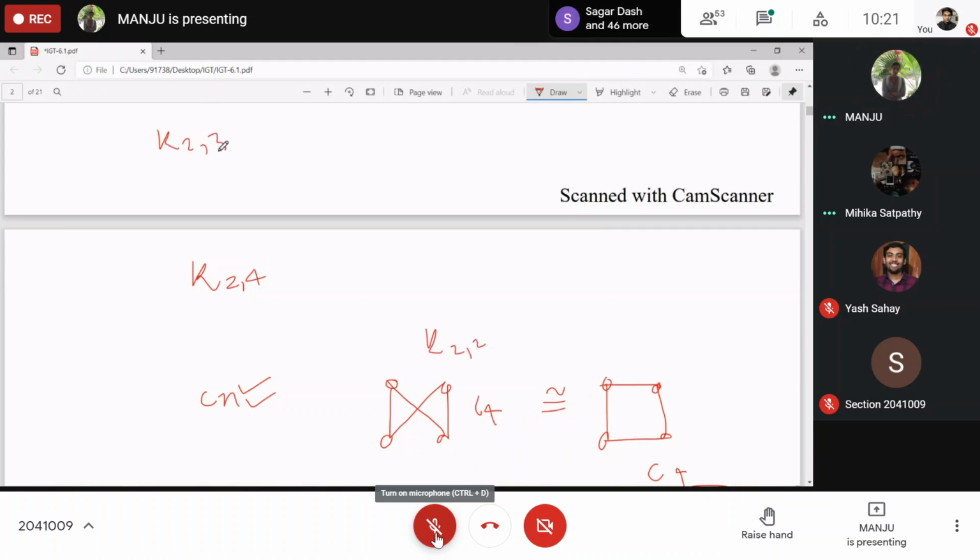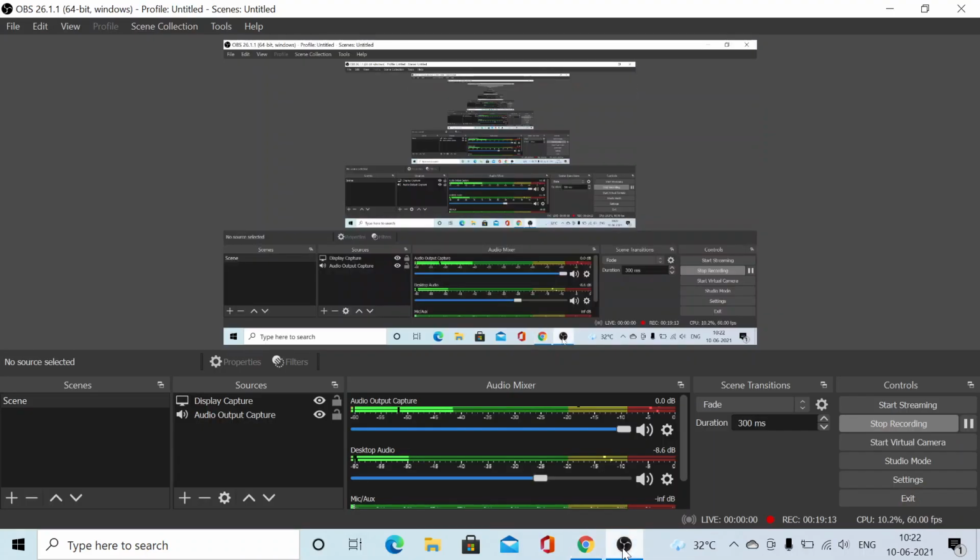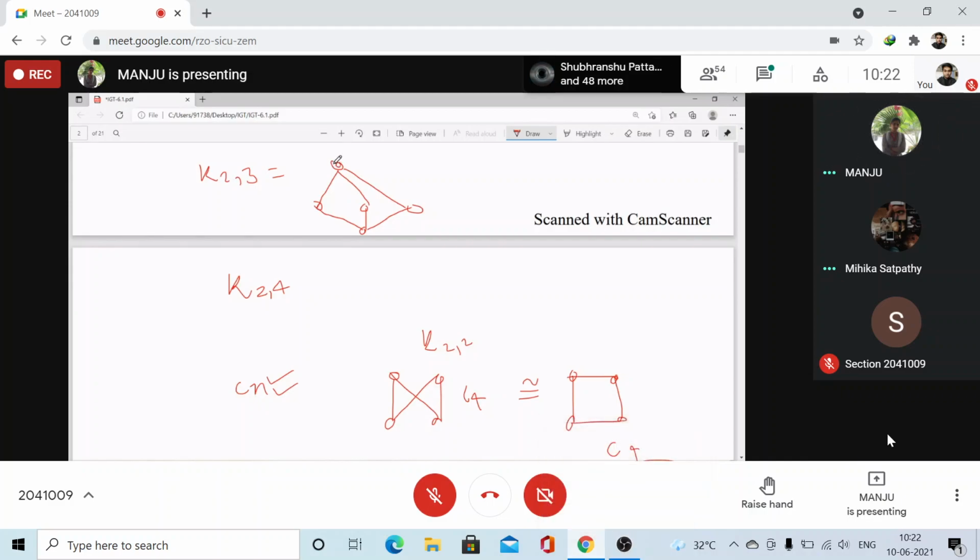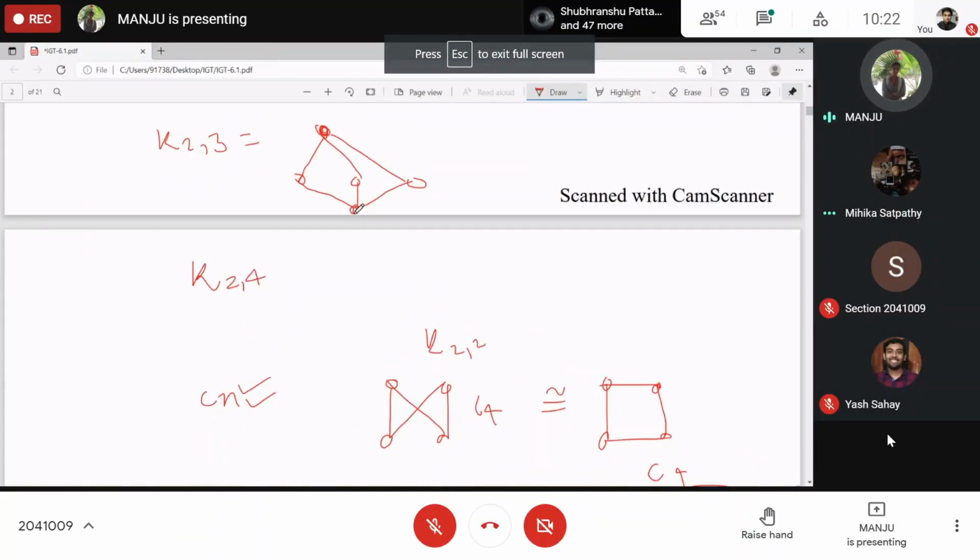K23: this one, this one, this one, then this. You can redraw like this. This vertex over here, this one. These two vertices are independent, in the same set. So this is your K23.